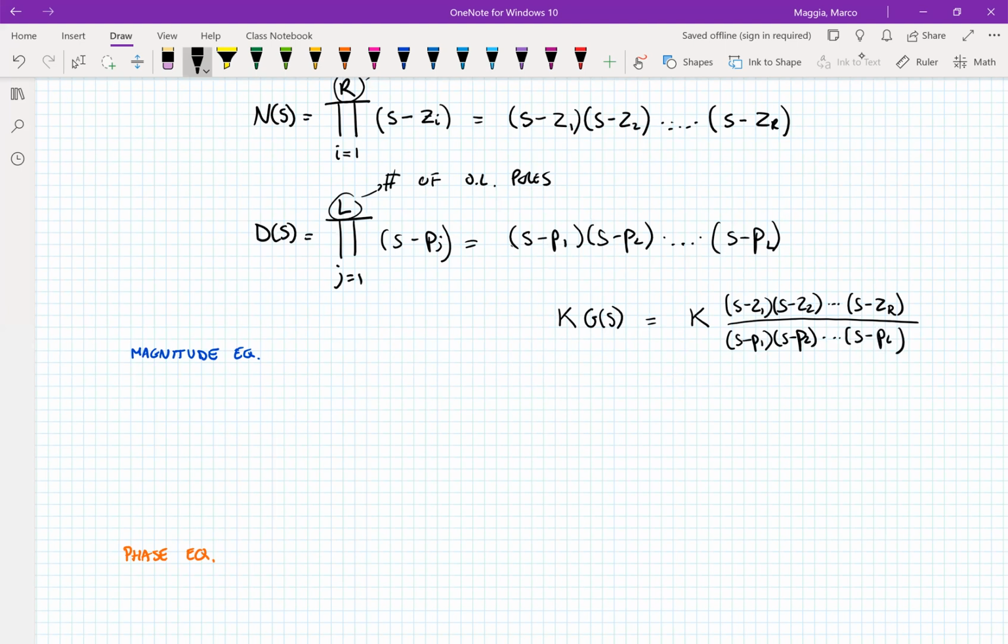So I've just rewritten G of S using simple first order factors, that is finding the zeros and the poles of G of S.